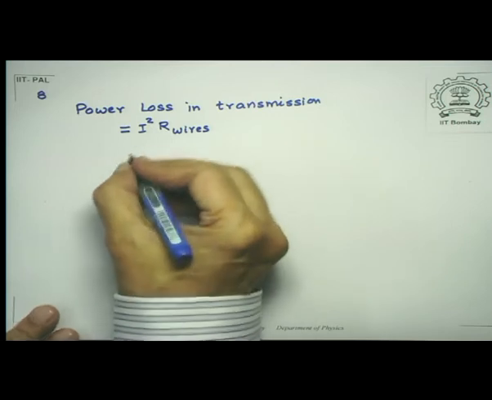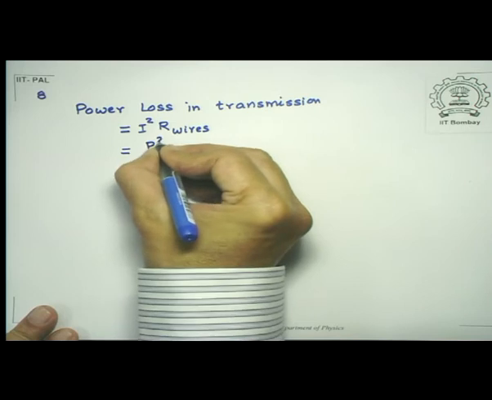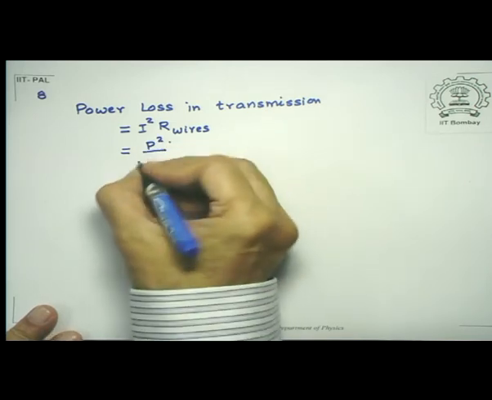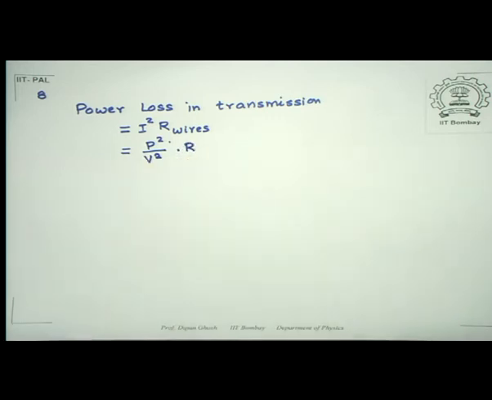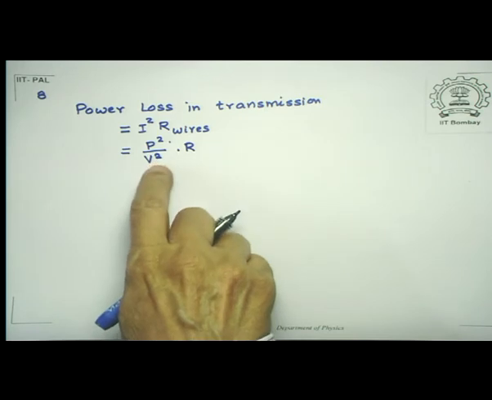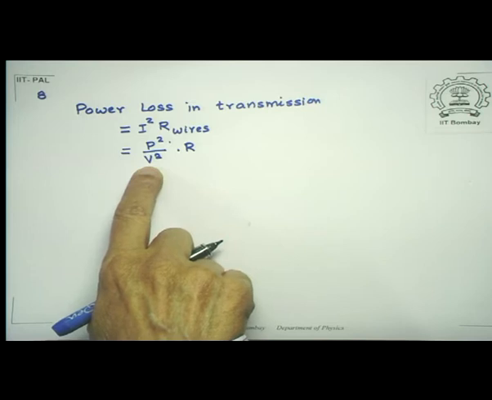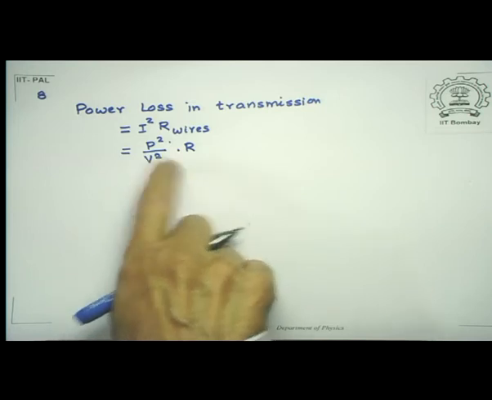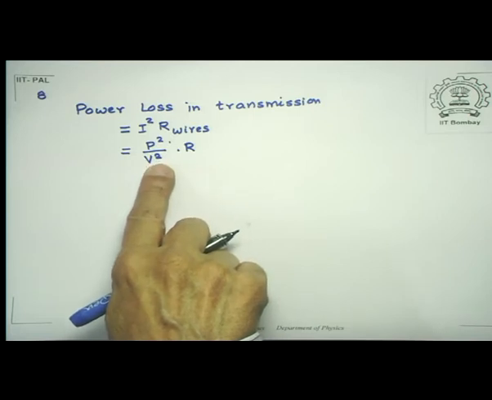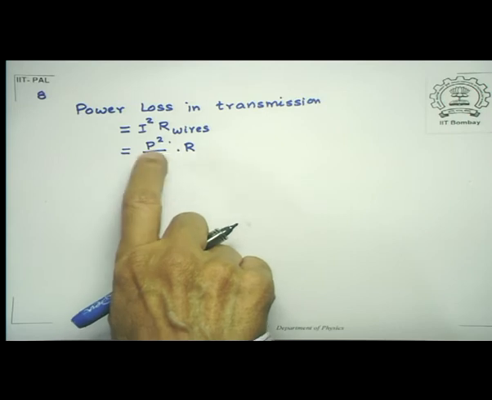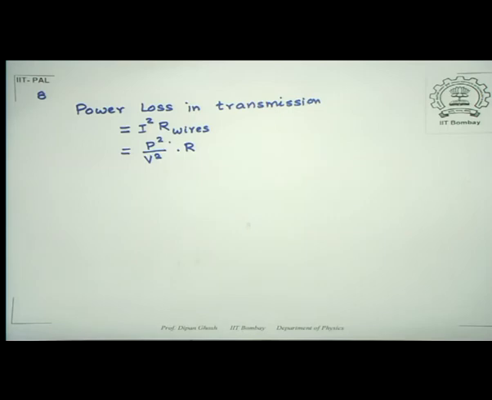So this is equal to P square over V square times R. So what happens is this, that if you want to reduce the power loss, you would like to transport it at very high voltage. Because if V is large, then the loss during transmission will be small.